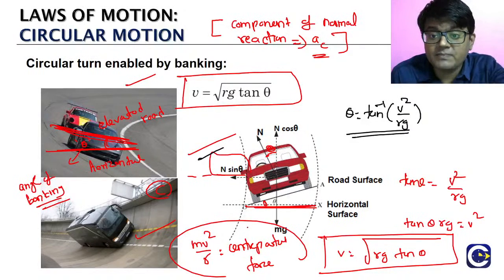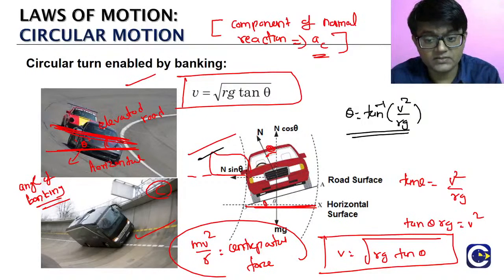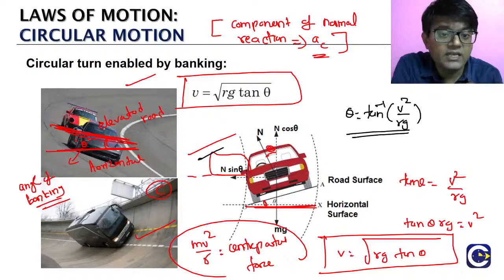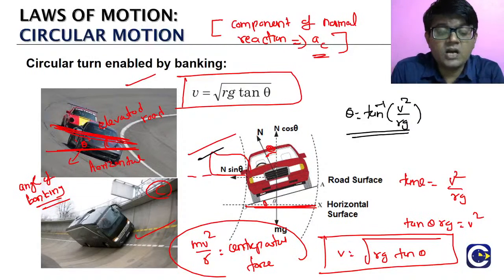If your speed is higher, the horizontal component of N, which is N sin theta, will not be able to provide the necessary centripetal acceleration. As it is, skidding will happen, because the component of the normal reaction is not able to provide the necessary centripetal acceleration.